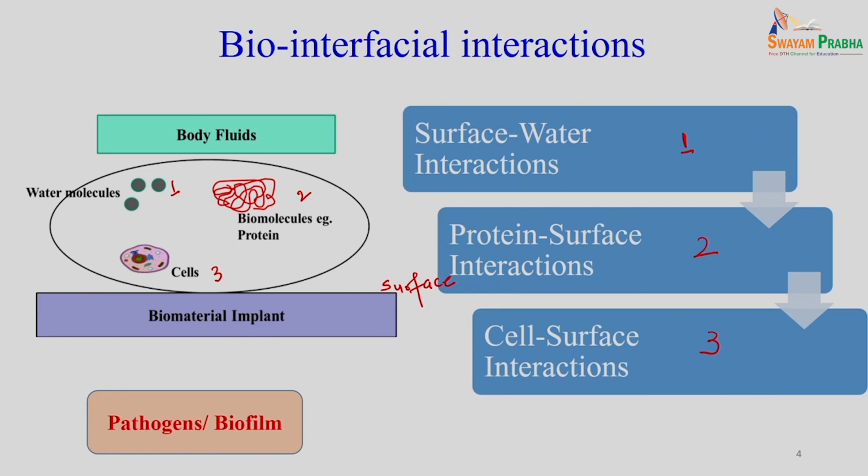Apart from this interaction of protein and cells, because of various reasons, surgery or some infection, there is biofilm formation, or you can say the attachment of bacteria as well, which is of course undesirable, but we cannot stop it.